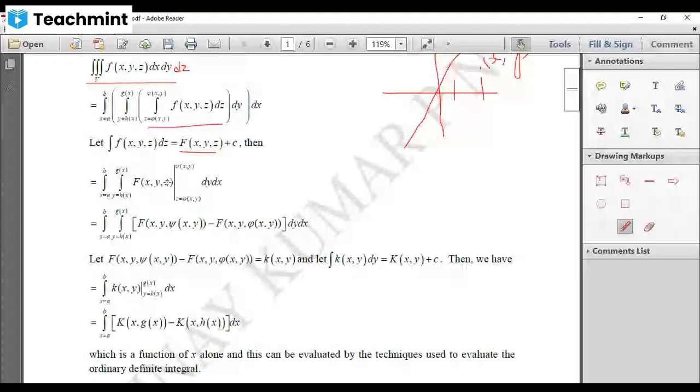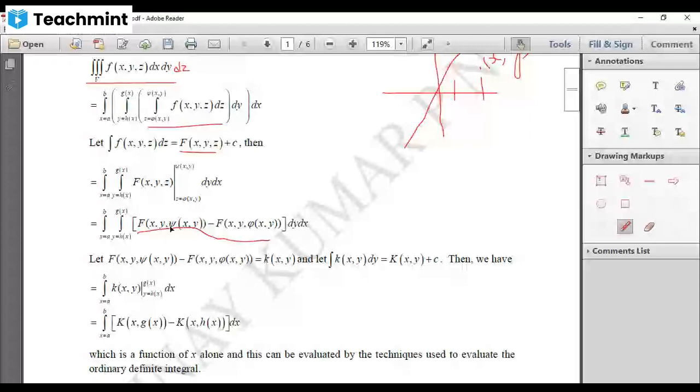So let me take the limit for z, F(x, y, z), where z varies from phi(x, y) to psi(x, y). Substituting in z, you get F(x, y, psi(x, y)) minus F(x, y, phi(x, y)). So you got some equation. But remember, this equation contains only the variables x and y.